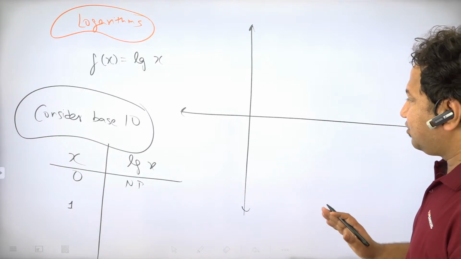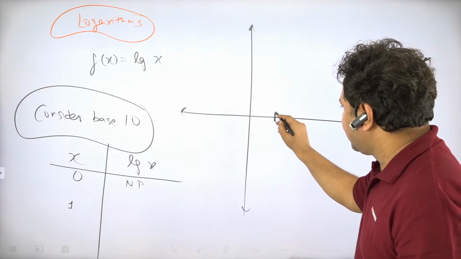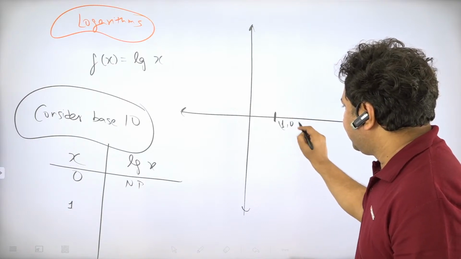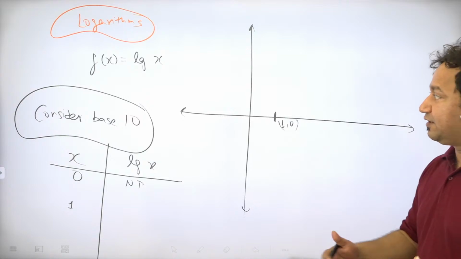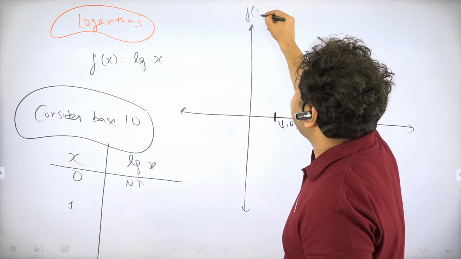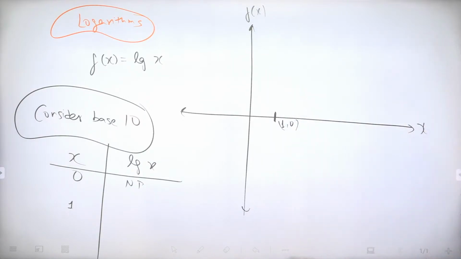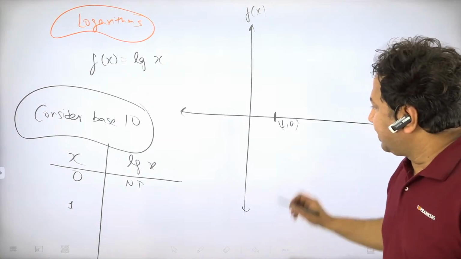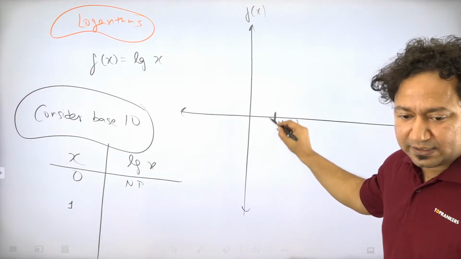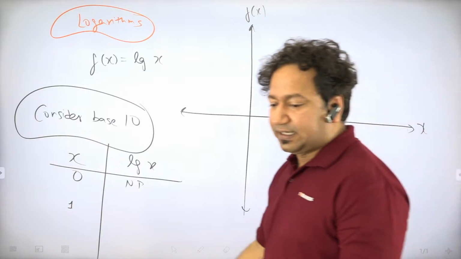That if the value of x equals 1, let this be (1, 0), then the value of f(x), which is the y-axis, this is x, will be 0 at that point of time. So the graph has to go through this.